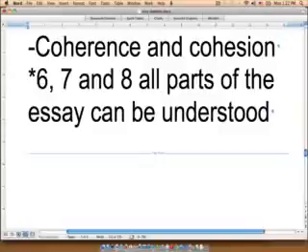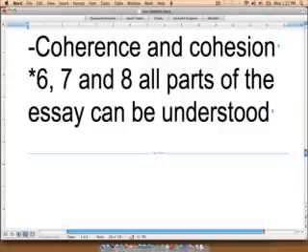So that's a very key difference between essays that score 5 and below and essays that score 6 and above: essays scoring 6 and above can be understood. Now that doesn't mean that the ease of understanding a band 6 and a band 8 are the same. Of course not.